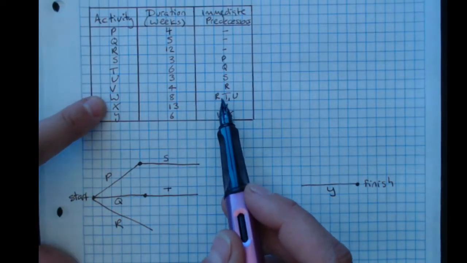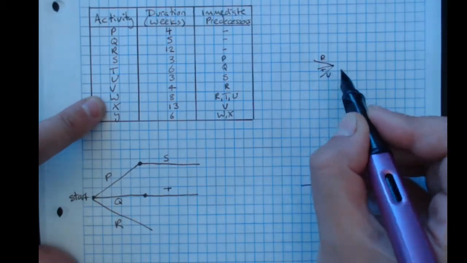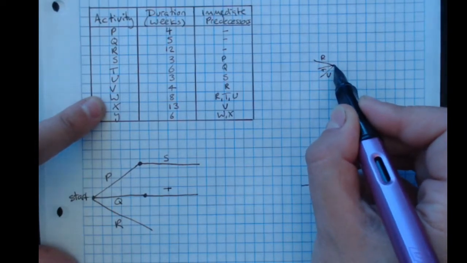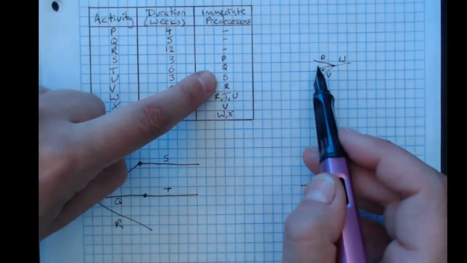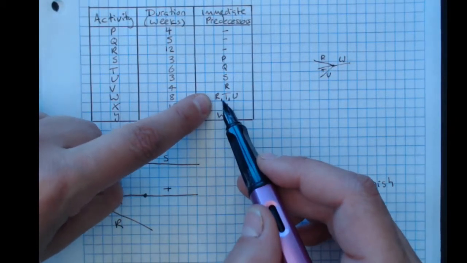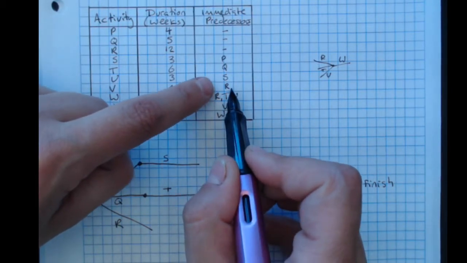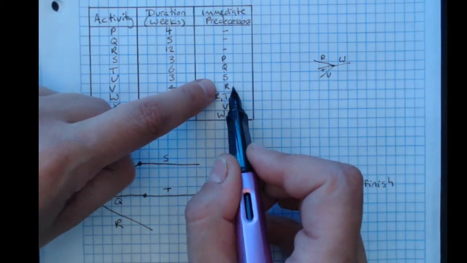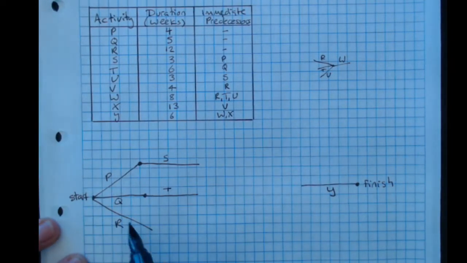Because W comes off those three, R, T, U all need to do that, and then W can come off. Now, because R is needed somewhere else, I'll want this R to be a dummy. I want this R to be a dummy because that means that this R can be on its own to feed into V.